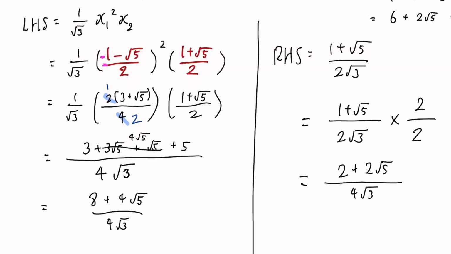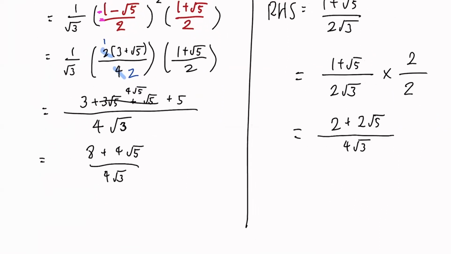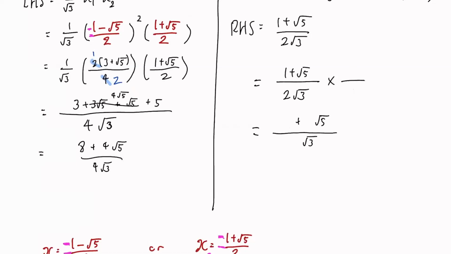What happens? Maybe instead of multiplying by 2 here, I could multiply by 4. We get 8 root 3, 4 plus 4 root 5. Is that still wrong? Did I do something wrongly again?